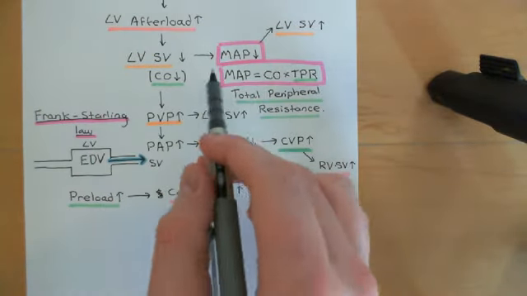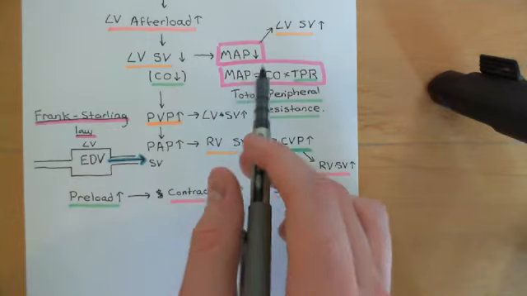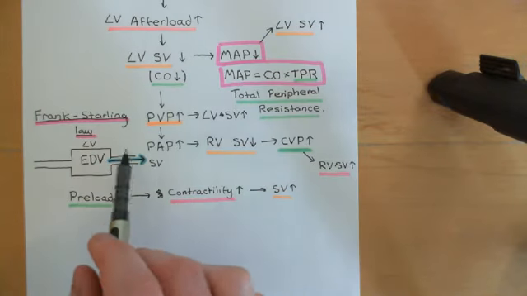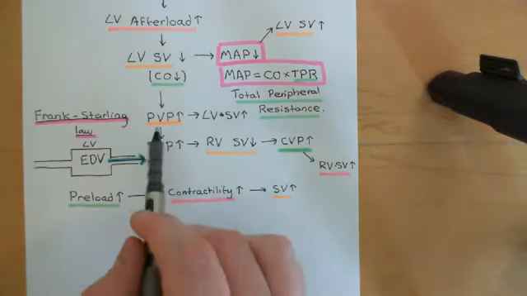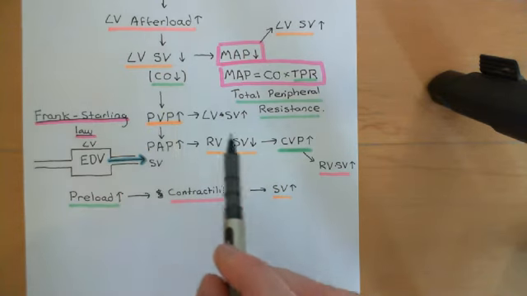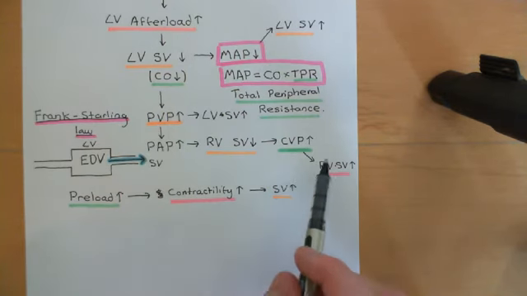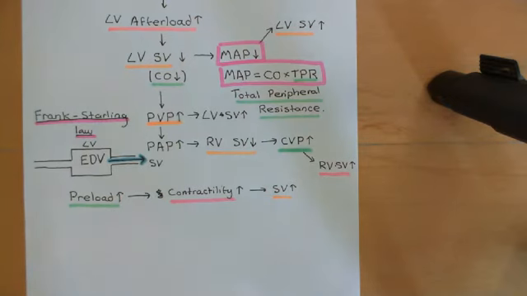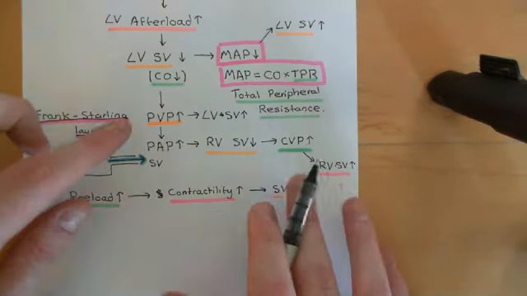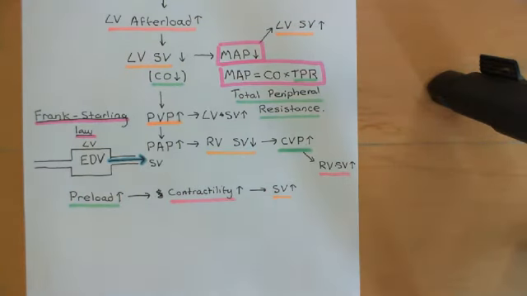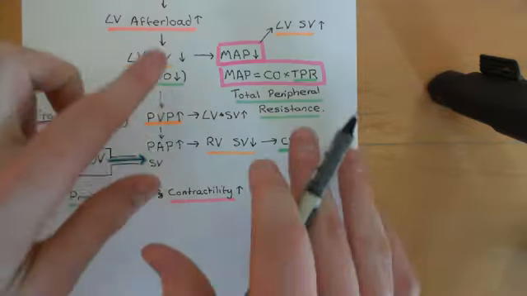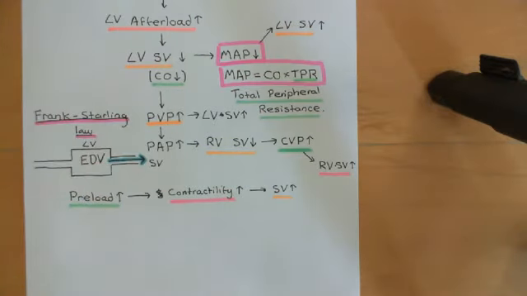Firstly, mean arterial pressure would be decreased slightly, and also you'd increase the pulmonary venous pressure and the central venous pressure, and these would increase the end diastolic volumes in both of the ventricles and thereby help to increase stroke volumes back up. So you'd form this new equilibrium using mainly the Frank-Starling law of the heart.